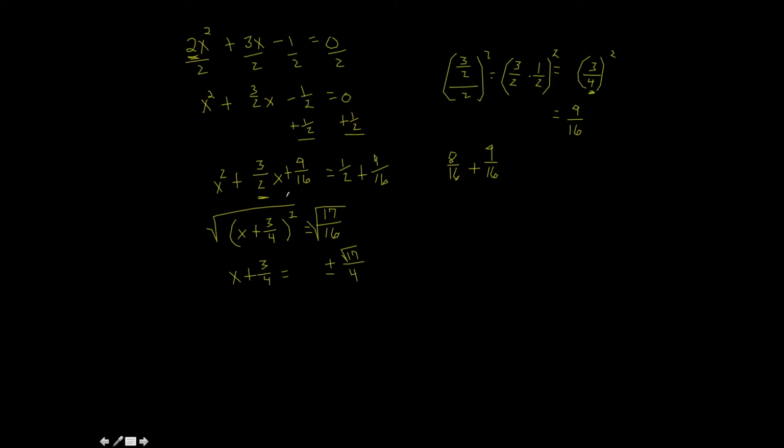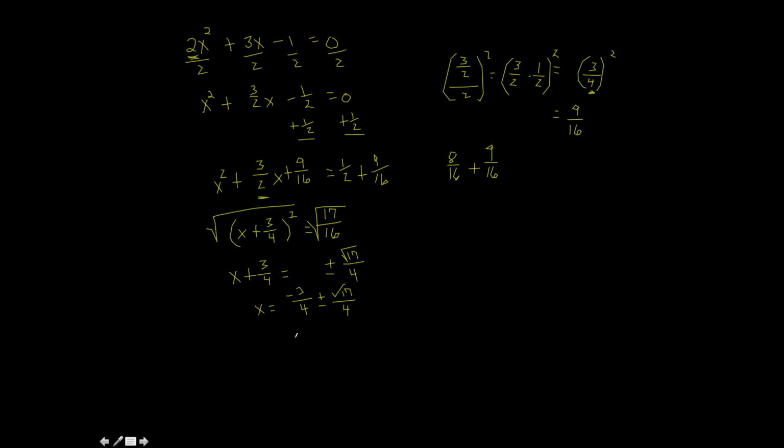So subtract your 3/4 from both sides like we did on the last problem, and this is going to give me negative 3 over 4 plus or minus the square root of 17 over 4. Now MyLabs Plus is going to make you write this as negative 3/4 plus the square root of 17 over 4 and negative 3/4 minus the square root of 17 over 4.